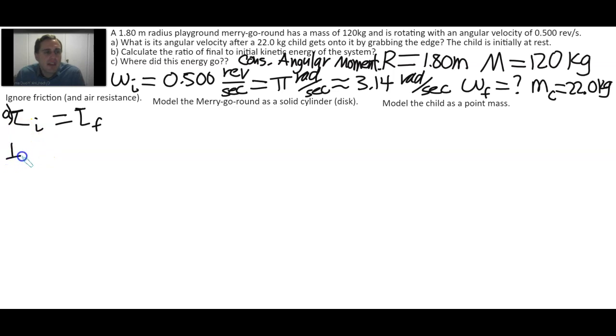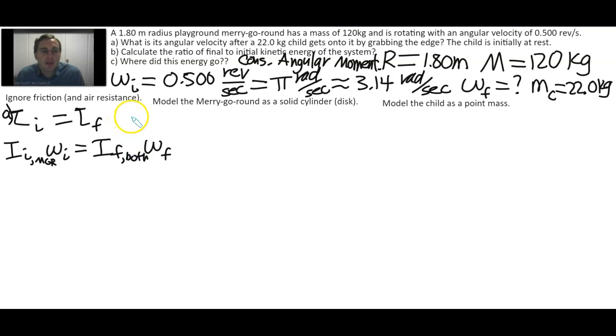That's going to be the initial rotational inertia times the angular velocity initial equals the final rotational inertia times the angular velocity final. Now I left the little gap here to give us a sense of what's going on. The initial rotational inertia is just of the merry-go-round. Okay? So just the merry-go-round. And then the final rotational inertia is that of both.